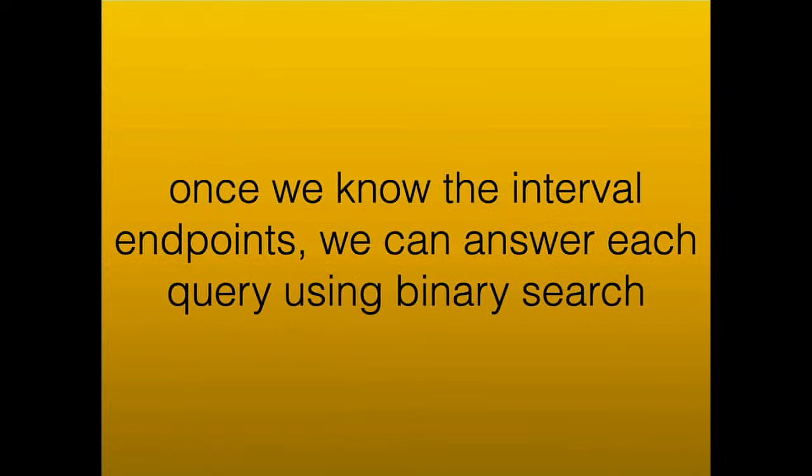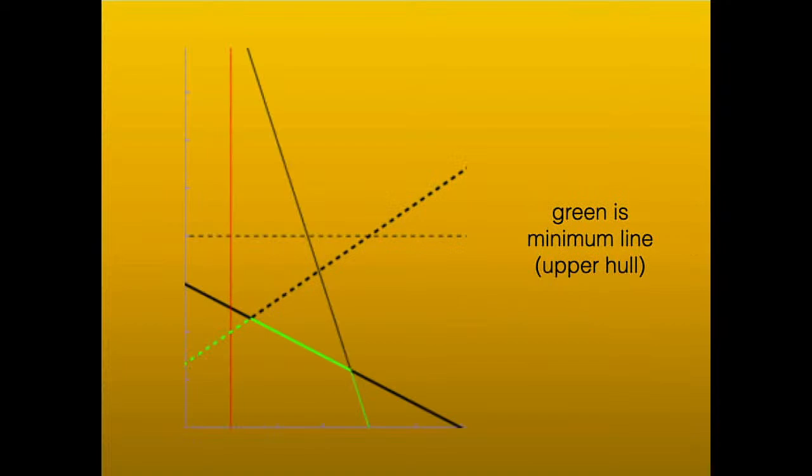Once we know the interval endpoints, we can answer a query using binary search. So we want to find the endpoints of these intervals and store them in a vector, let's say. Then if x is here, we want to know which endpoint is still lower than x.